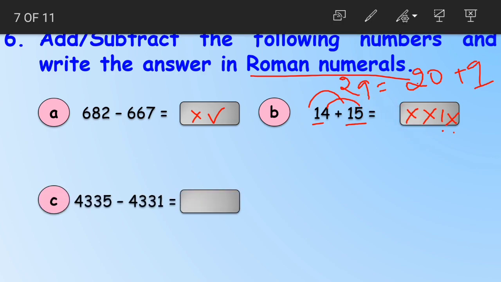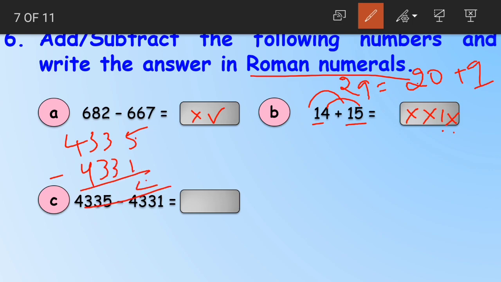Third question, 4335 minus 4331. Let us subtract. 5 minus 1 gives us 4. 3 minus 3, 0. Again 3 minus 3, 0. 4 minus 4, 0. So what is the answer here children? The answer is 4.